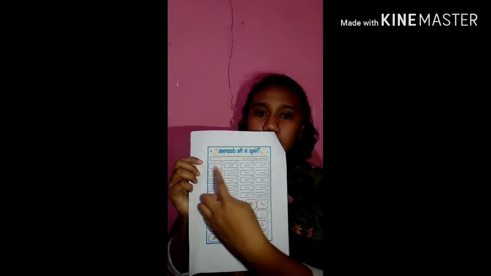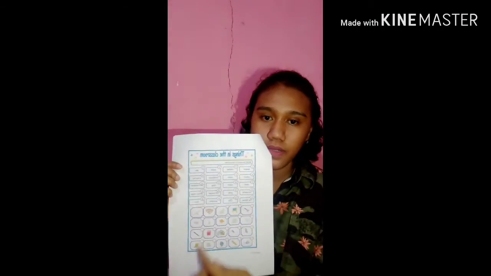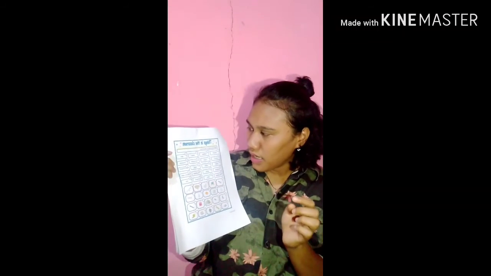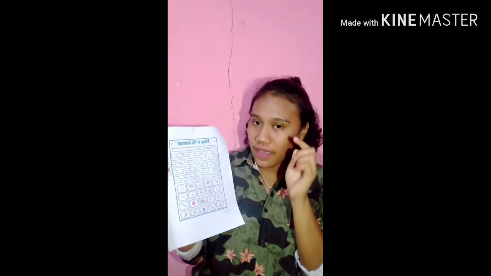The words are above, and the pictures are below. The students look at the pictures below, and then they have to match them with the words. When they look at these pictures, they have to find the right words above. That's all about task 3.